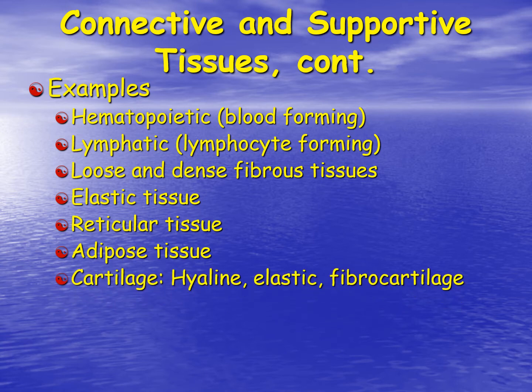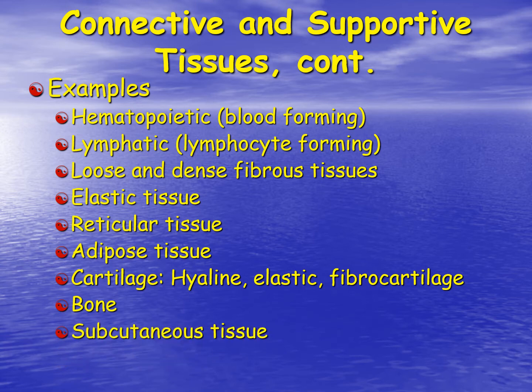Cartilage, the hyaline, elastic, and fibrocartilage, depending upon how many of the collagen fibers they have, are found in distinct areas and based upon the functions where they are found. And of course, osseous connective tissue or bone, which is really one of the strongest tissues of the body.